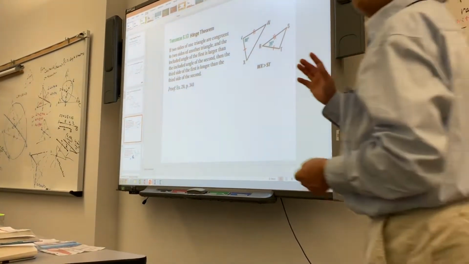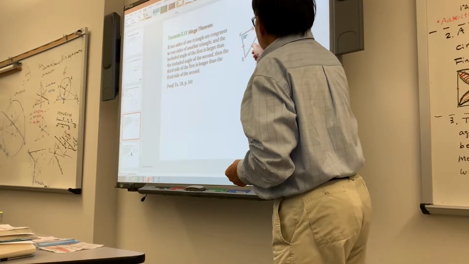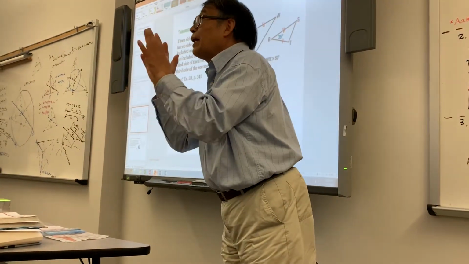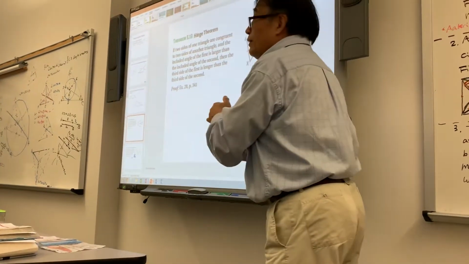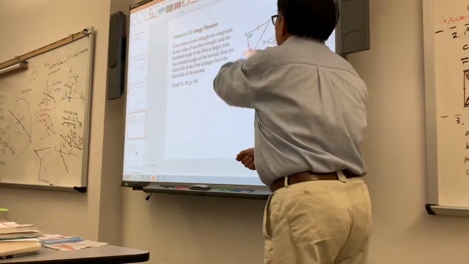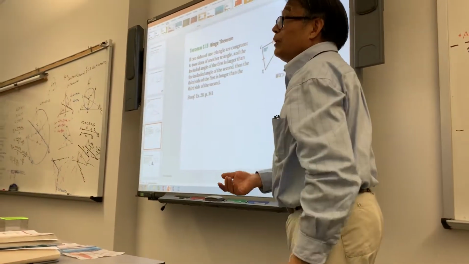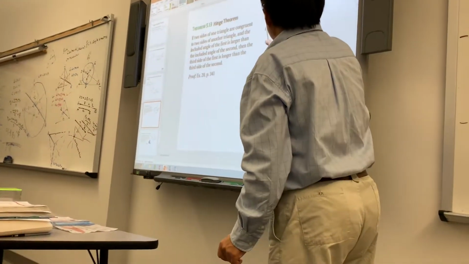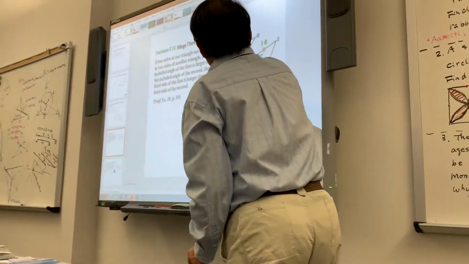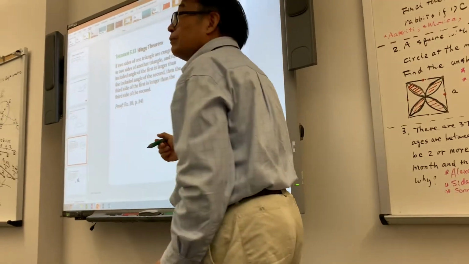The question is, this side comes to this side comes to this side. Two corresponding sides are congruent. And the bigger the included angle, the longer the opposite side is. So for instance, if this side is 10, this is 10. This is 8, this is 8.